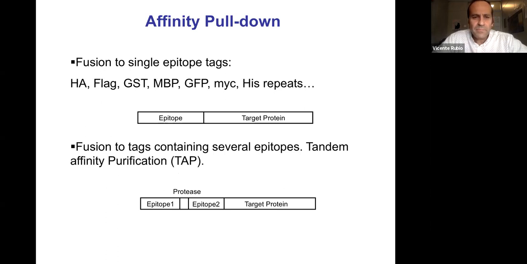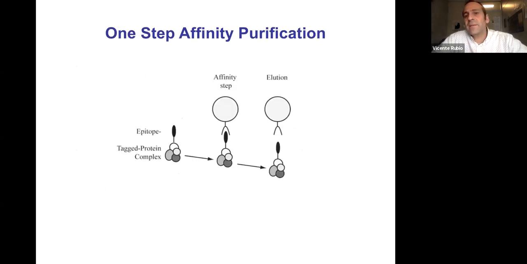So, about one-step affinity purification, it's kind of simple. You get your protein extract. Here you have to pay attention to some specific considerations while preparing your buffer. You want to keep your proteins as much as possible under native conditions, so you need to use mild conditions for incubation of the proteins with a specific affinity matrix or resin that has affinity for that epitope fused to your protein.